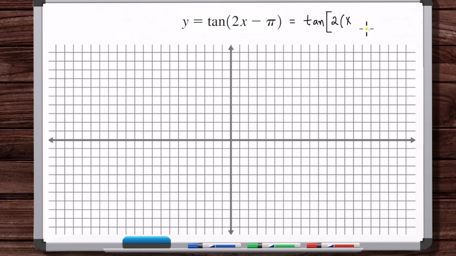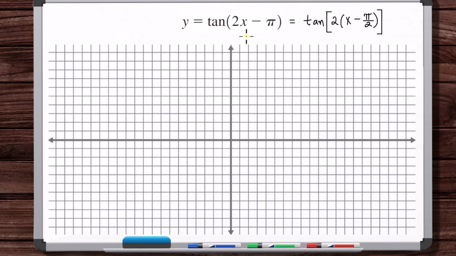Then we're left with x minus pi over 2. Okay, so now we can see that this is the base tangent curve shifted to the right pi over 2. And then the function is scaled down about the x-axis by a factor of 2. And those are the only transformations that have been applied.